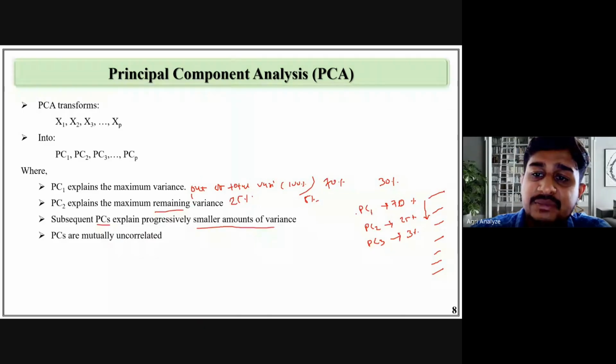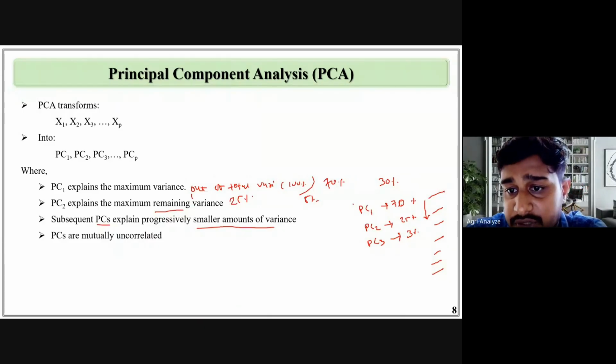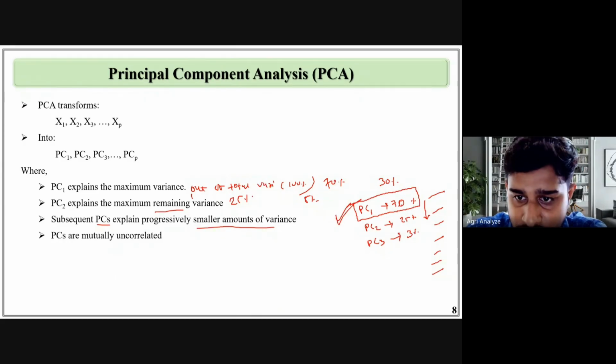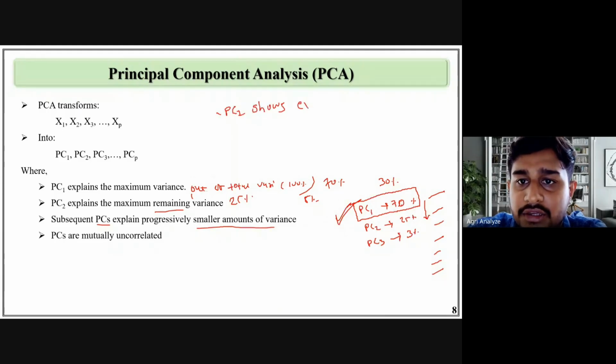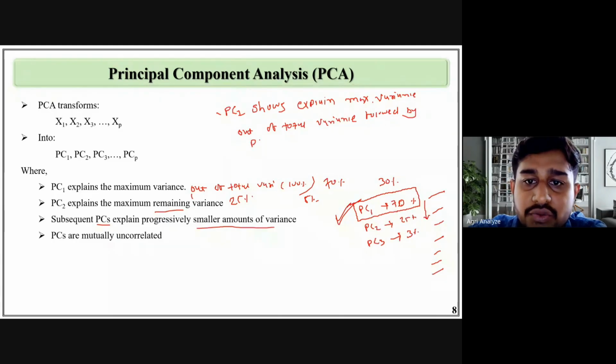So for exam purposes, I say that PC1 always explains the maximum variance out of total variance, followed by PC2, PC3, and so on.